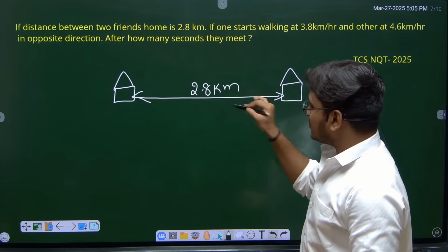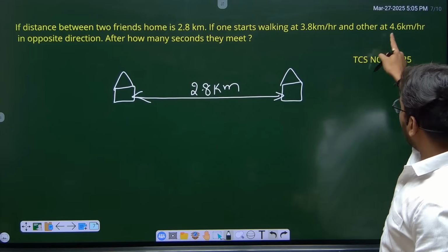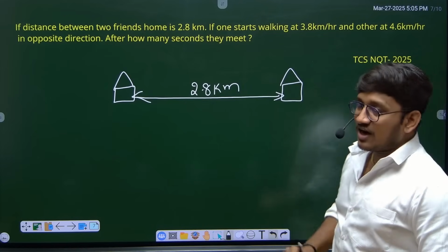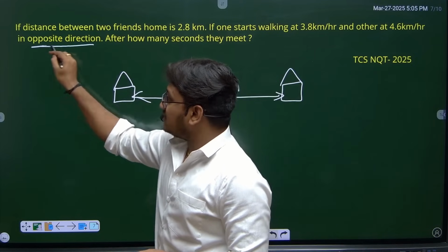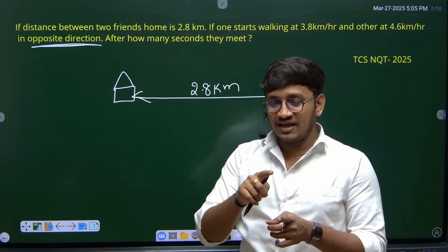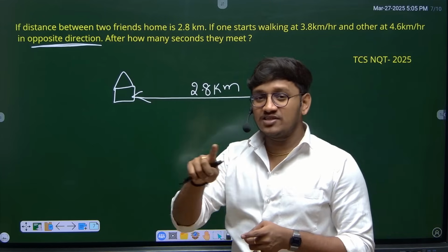2.8 kilometers. Now, if one starts walking at 3.8 kilometers per hour and the other at 4.6 kilometers per hour in the opposite direction, this is very, very important, because whether we take relative speed as S1 plus S2 or S1 minus S2 depends on the direction of the motion, right?